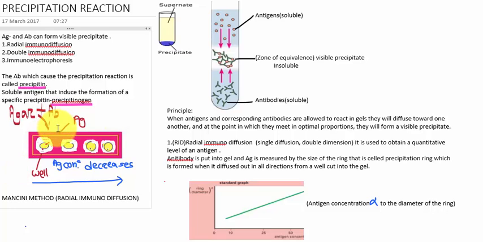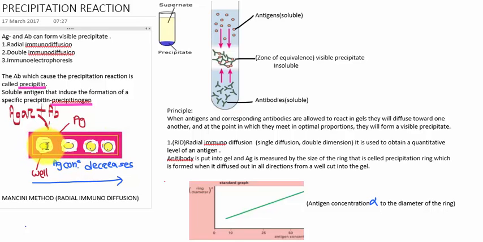Okay, agar with the antibody, they are incorporated into a plate, and then the wells are created, and the antigens are placed in holes punched into the agar. So as the antigen diffuses into the gel, this is the antigen, the yellow part. As the antigen diffuses into the gel, it reacts with the antibody. So in the surrounding, antibodies are present. We have already discussed that.